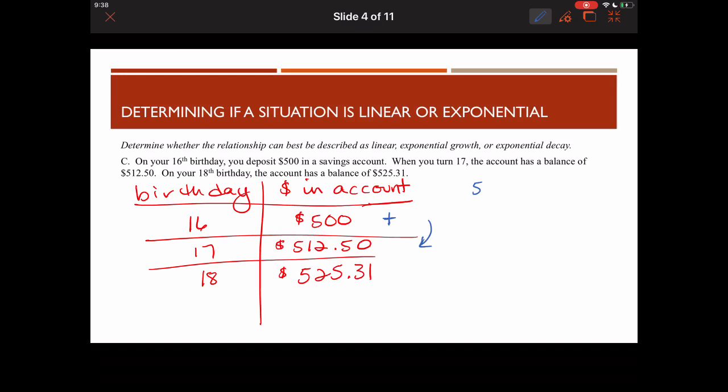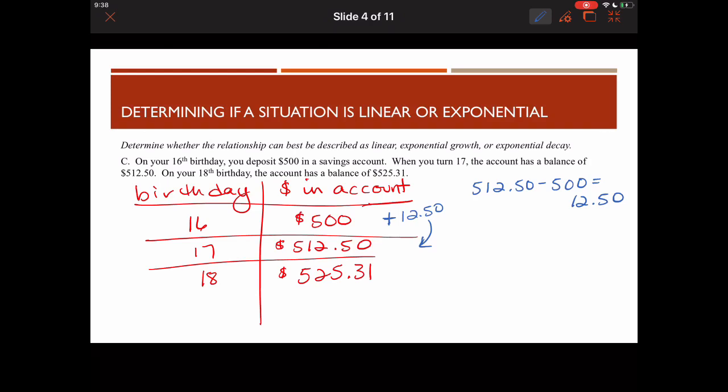The opposite of addition is subtraction. So $512.50 minus 500 is $12.50, right? Use your calculator if you need to. And then the next one, I would add $12.50.